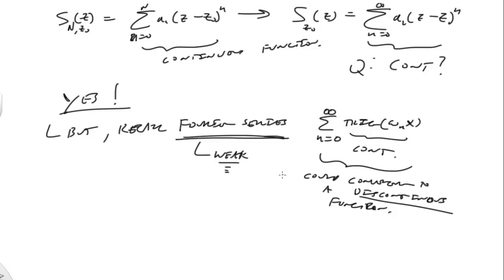But with Taylor series, we have a very strong type of convergence. We have this absolute convergence, this incredible type of convergence that also guarantees that continuous functions converge to a continuous function. Okay, so that is now established.